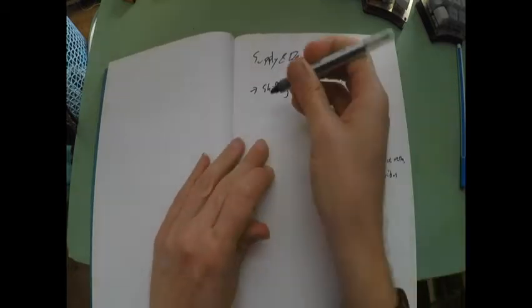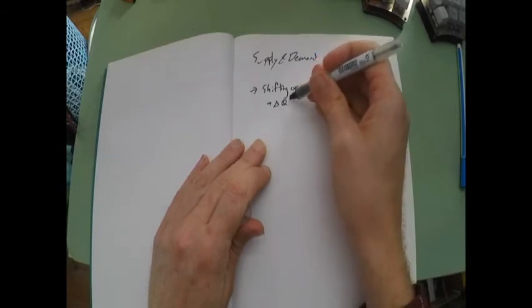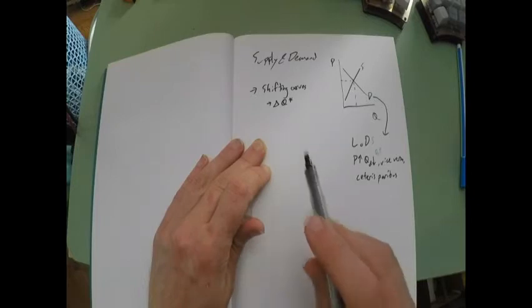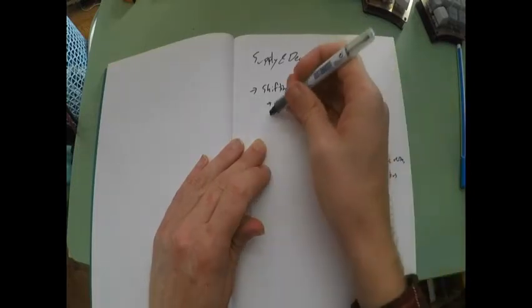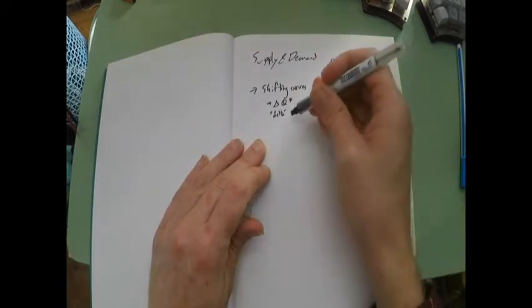All right, so shifting curves, and then when we're shifting curves, we can think about how things change. So change in our equilibrium quantity. I've said it before, but this triangle is Greek delta, and delta we use for change.